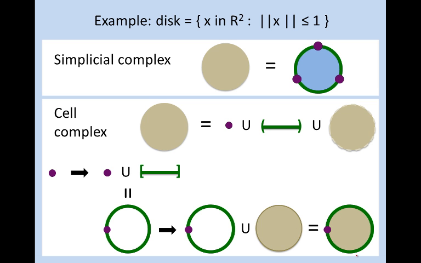So I now have a cell complex for my disk. And note it consists of a zero-dimensional vertex, a one-dimensional open interval, plus a two-dimensional open disk.